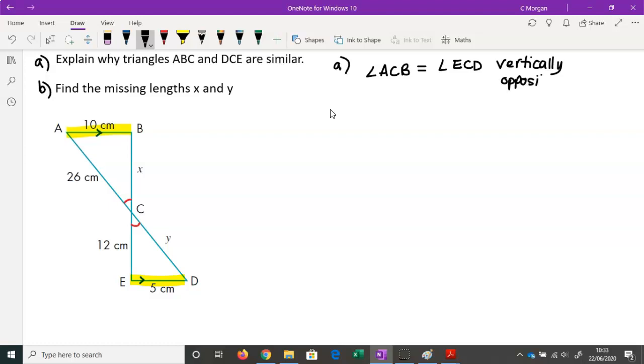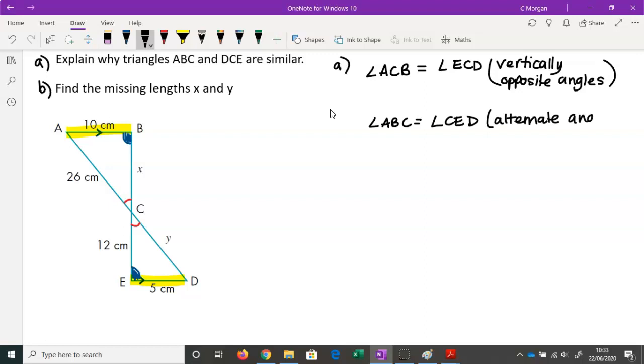To show two shapes are similar, I must show that all corresponding angles are the same. So because I know that sides AB and ED are parallel, I therefore know that angle ABC has got to be the same as angle CED, because I have alternate angles. And remember, they're the angle properties that we saw when we were looking at parallel lines.